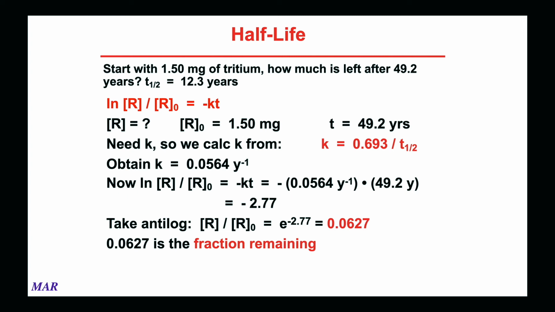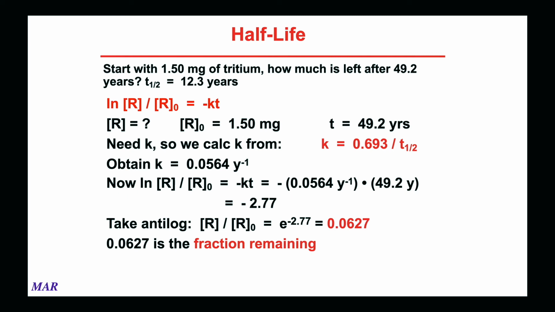Now, initially, it comes out to be negative 2.77. You're going to take the anti-log of both sides in order to get the natural log R over R0 down to just R over R0, as we've seen before. That comes out to be 0.0627. And I do want to comment that the R over R0 is the fraction remaining.